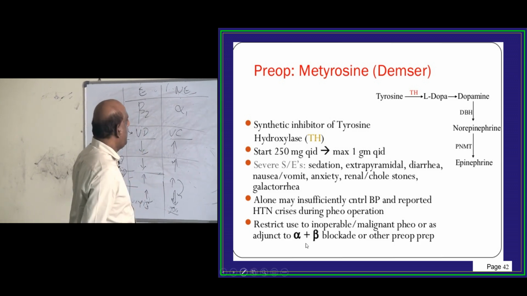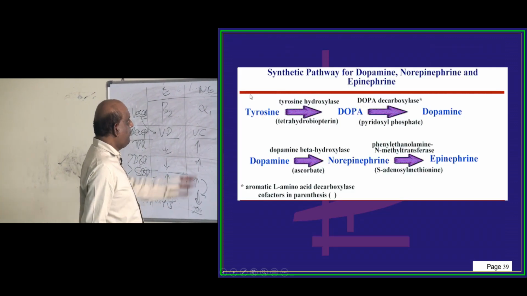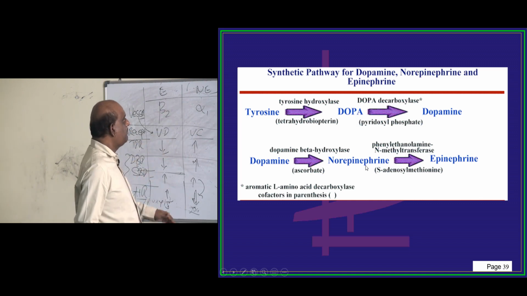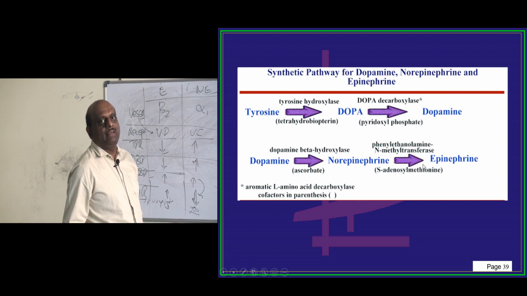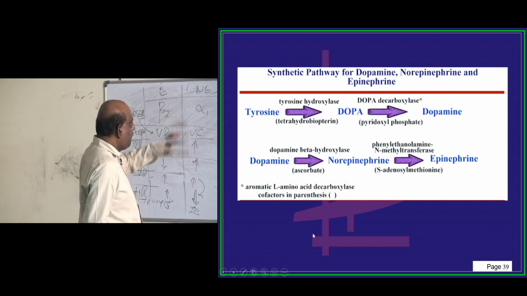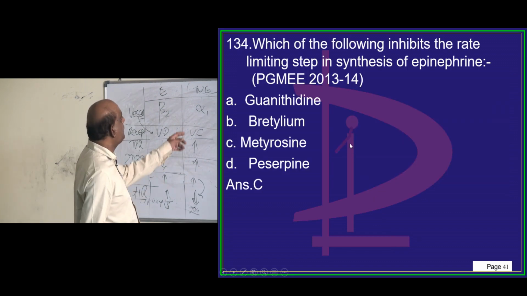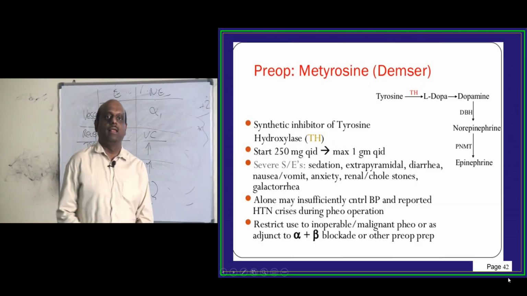Metyrosine is a synthetic inhibitor of tyrosine hydroxylase. Just before we have seen all these steps: tyrosine hydroxylase, dopa decarboxylase, dopamine beta hydroxylase, and phenylethanolamine N-methyltransferase. Out of all this, tyrosine hydroxylase is the rate limiting step, and that is the one which is inhibited by metyrosine.